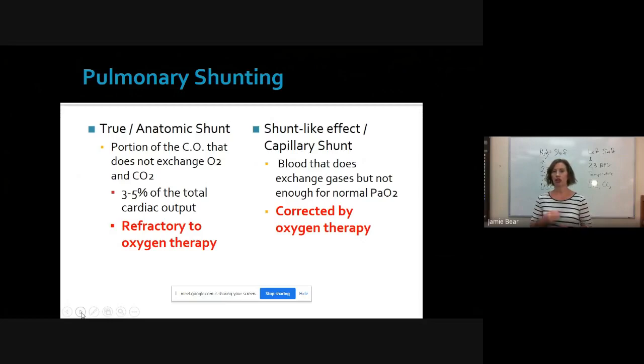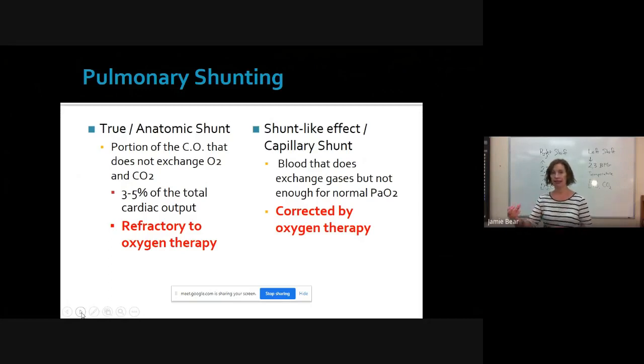Then we have something called a shunt-like effect, or the capillary shunt, and that's where blood does exchange gas, it does take place. However, it's not enough to make a normal PaO2. Okay, so it's just like when we had the dead space and we had that physiologic dead space.